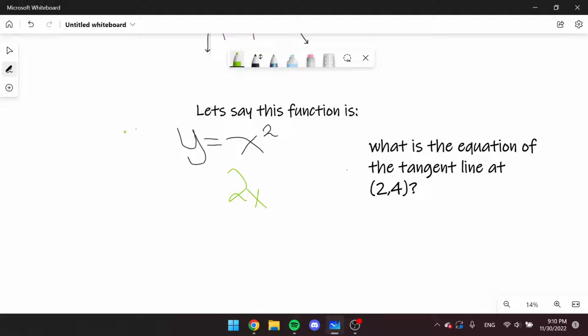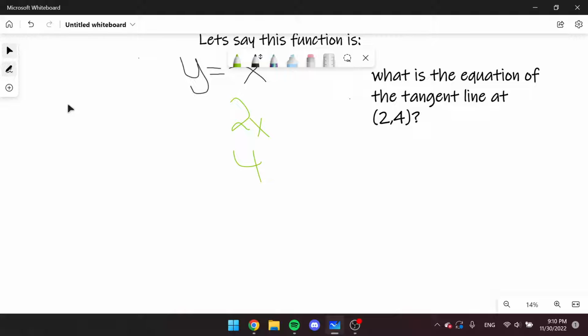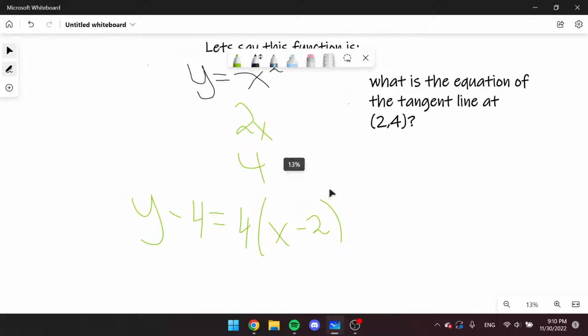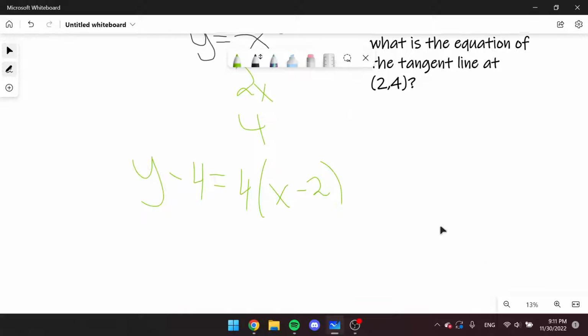And then at the point 2, 4, that's just 4, I think. Yeah. So then all we do is plug in our points. Y minus 4 is equal to 4 times x minus 2. And obviously you can simplify, but that is technically a correct answer to the equation of the tangent line.